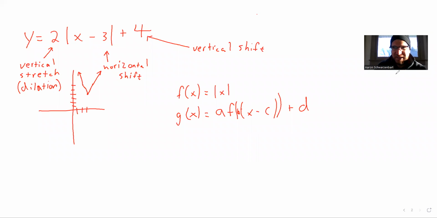We're going to apply this to exponential functions. So I'm going to jump to a new page here. And we're going to start with our basic exponential function, y equals a b to the x. A, again, being my vertical stretch or compression, dilation.